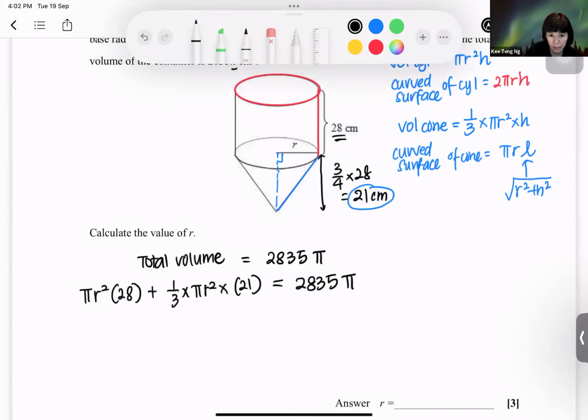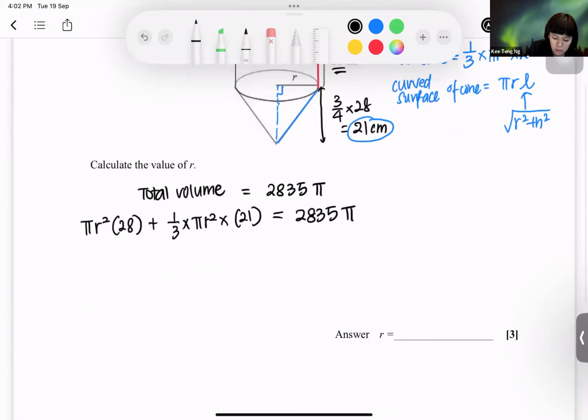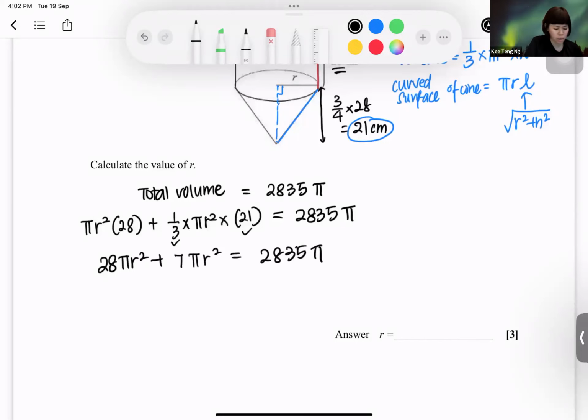2835 pi. Let's simplify the numbers here. So here I have 28 pi r square, plus 1/3 times 21, so 7 pi r square, equals 2835 pi. 28 plus 7 pi r square, you notice they're all the same units.